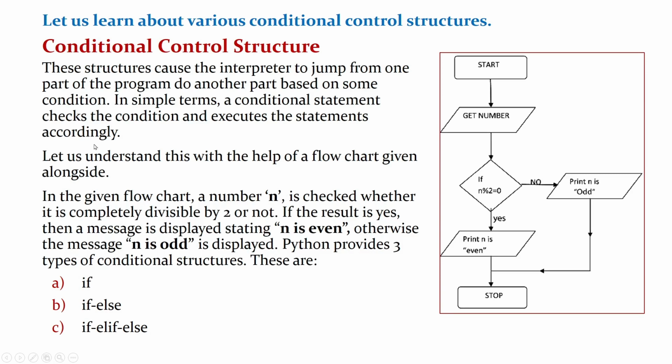These structures cause the interpreter to jump from one part of the program to another part based on some condition. In simple terms, a conditional statement checks the condition and executes the statements accordingly. Let us understand this with the help of a flowchart given alongside.